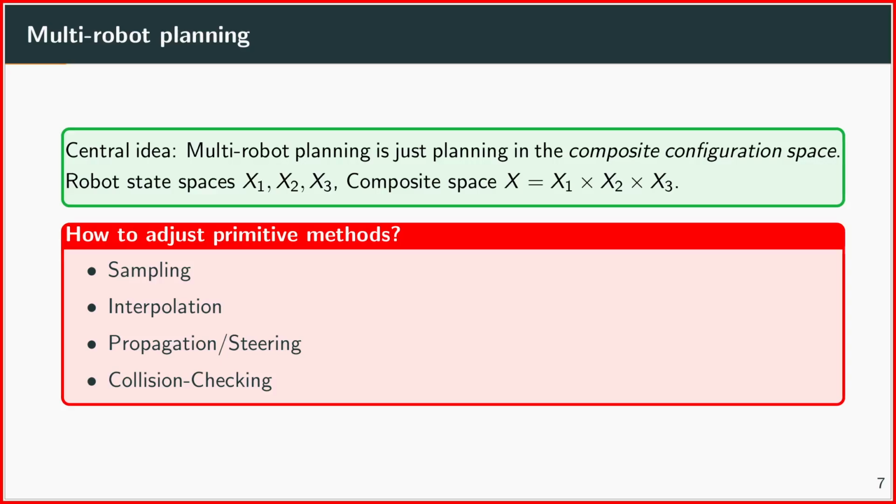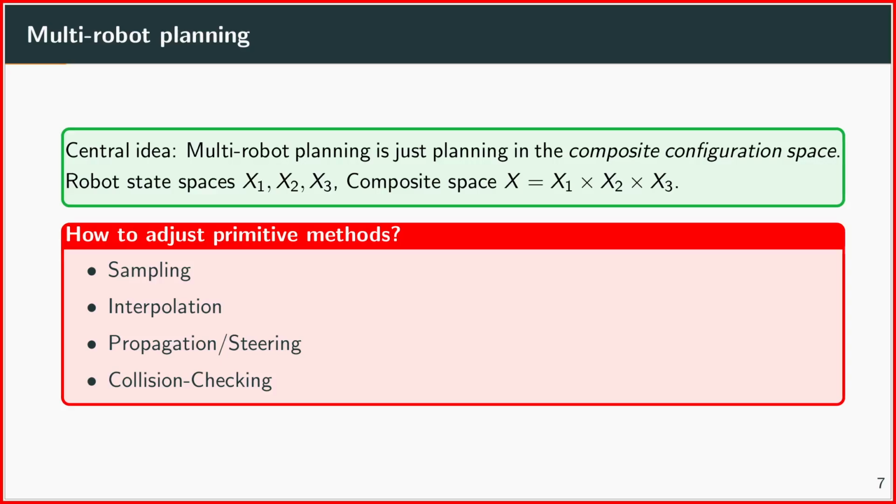And now the question becomes, do we need to adjust some of those primitive methods which we have used for classical planning if we have this composite state space, where you have just the Cartesian product of 3 different robot state spaces? Does anyone know what we would need to change?